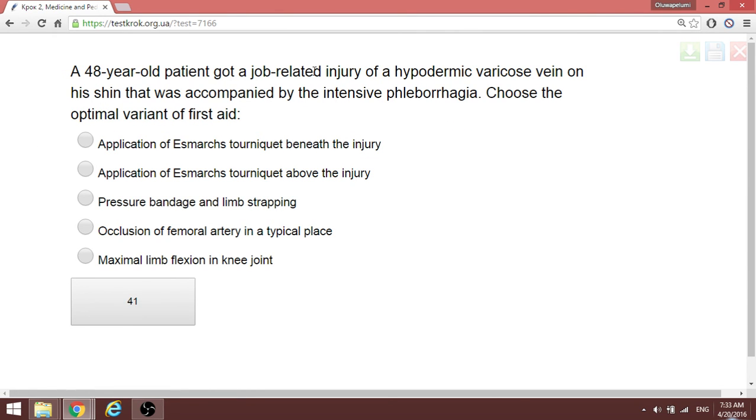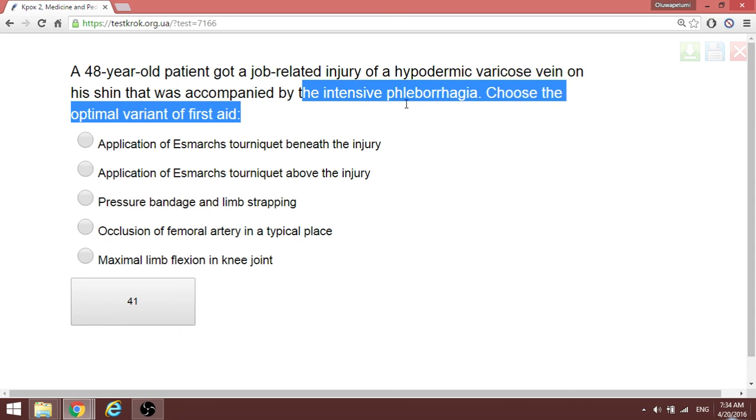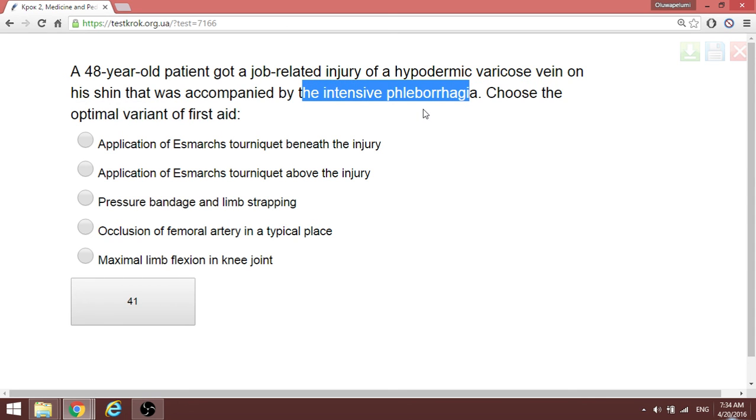A 48-year-old patient got a job-related injury to a hypodermic varicose vein that is accompanied by intensive phleborrhagia. Choose the optimum variant of first aid. In this particular patient, the correct answer is pressure bandage and limb strapping. You can take a look at some of the pictures. They use it so much in varicose veins.